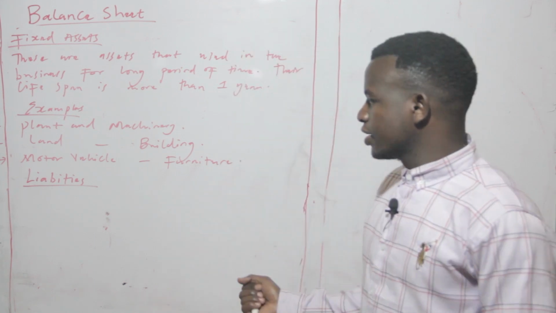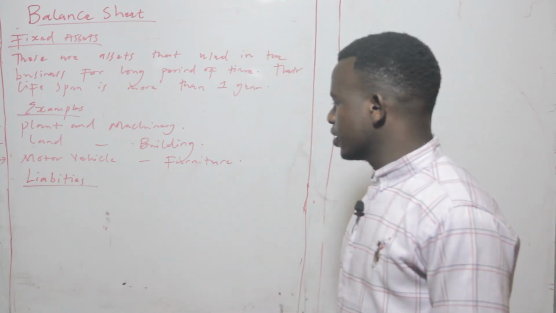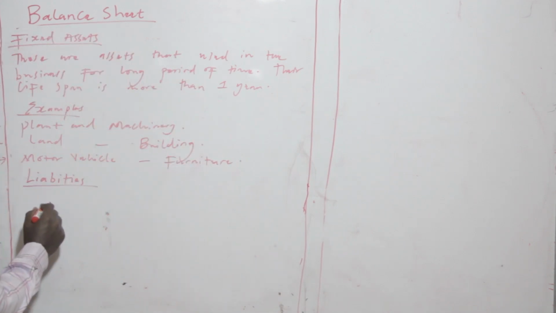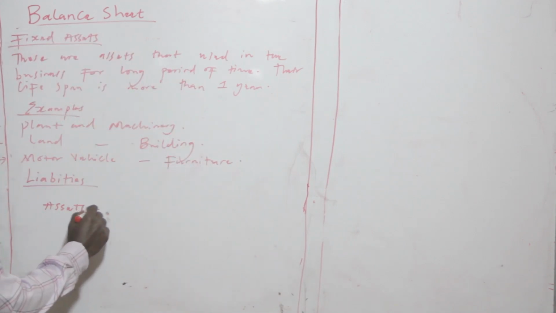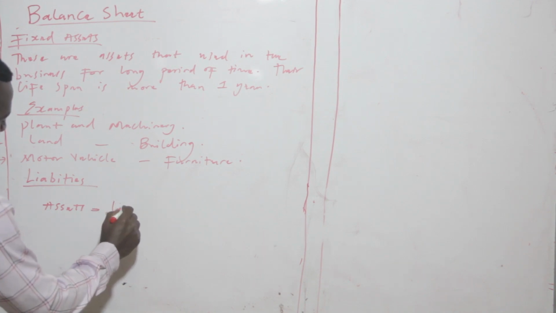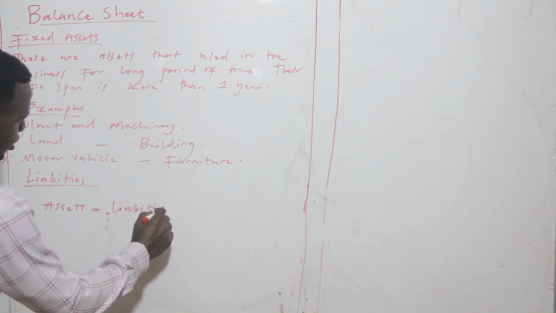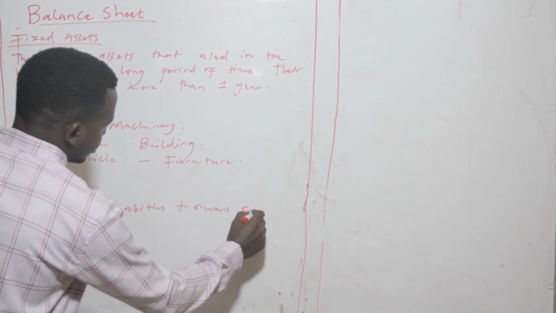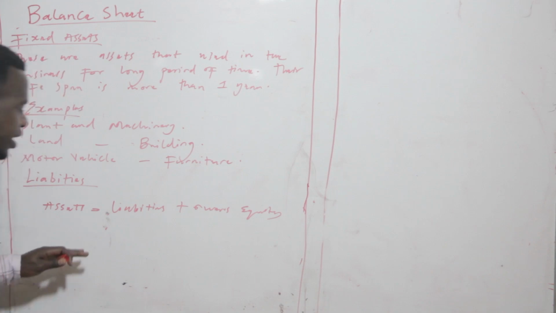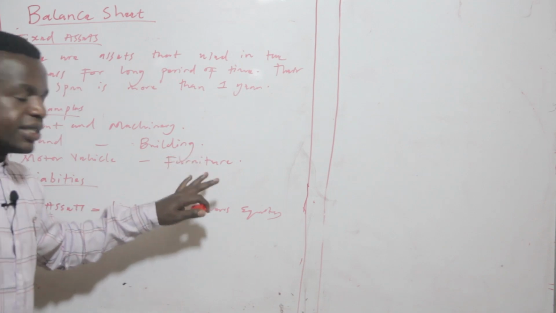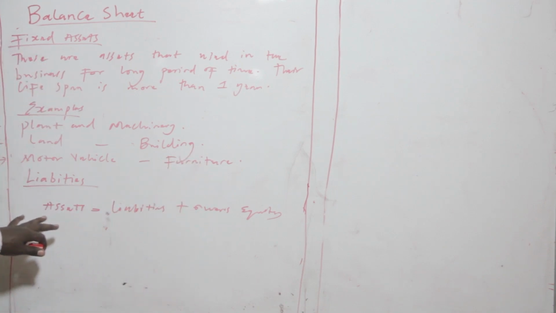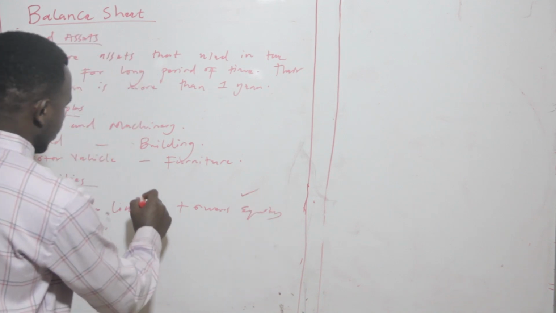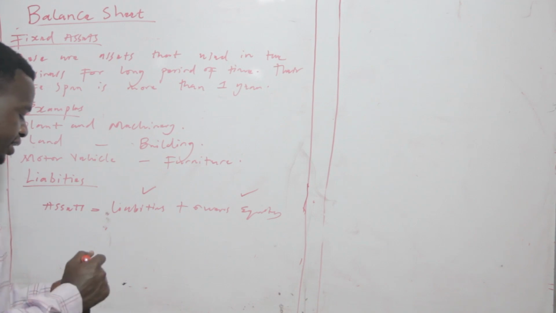And we said that from our accounting equation, we have liabilities plus owner's equity. That means that when the business is starting, it will need funds, and these funds can either be obtained from the owner's equity or liabilities.